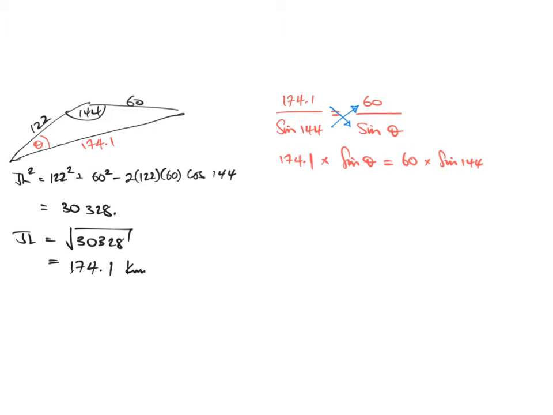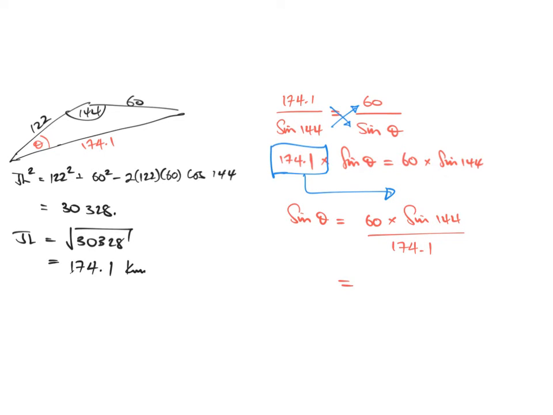All right, so what I'll now do is this that's multiplying will need to go over to the other side and divide. So now I'm going to have sine theta is equal to 60 times sine 144 divided by that 174.1. So let me just do a quick calculation here just to work that out.